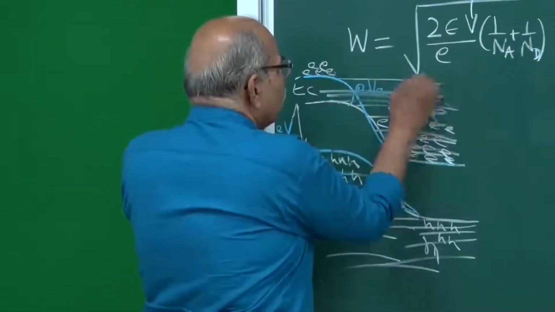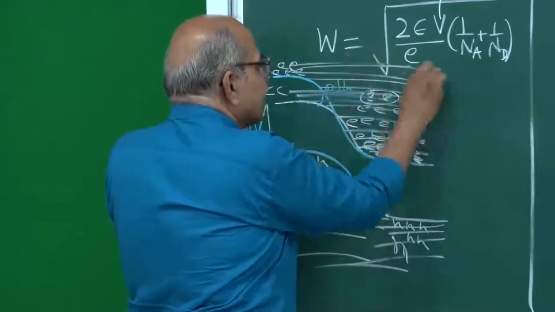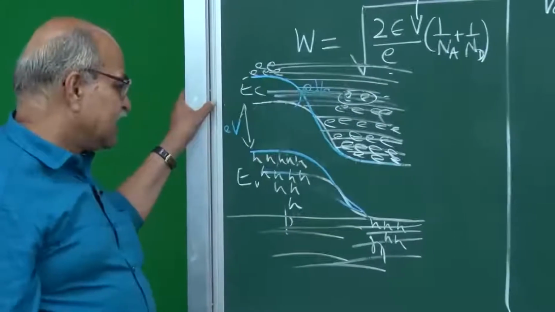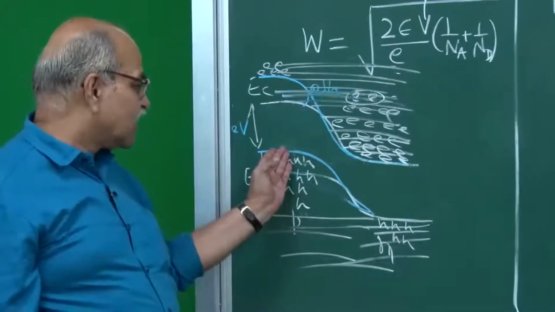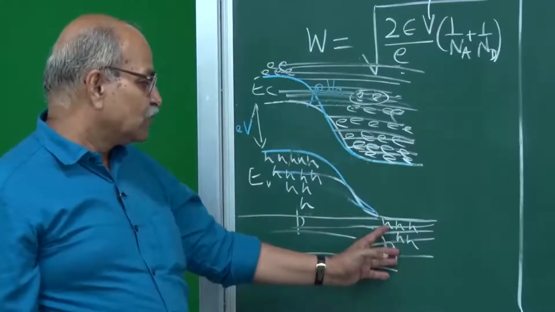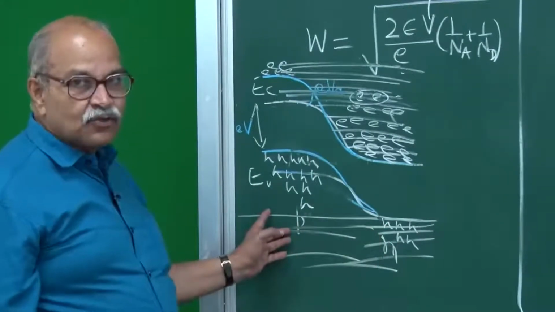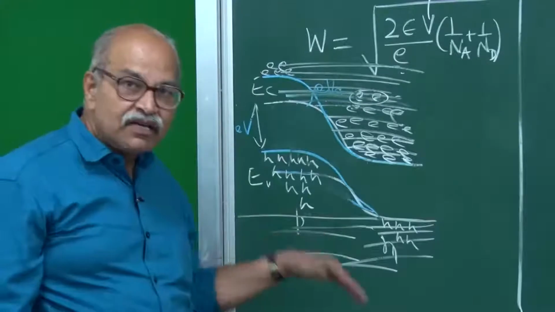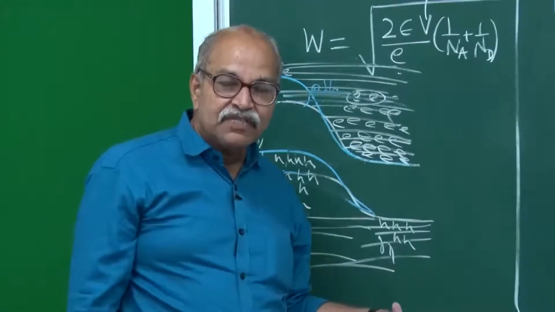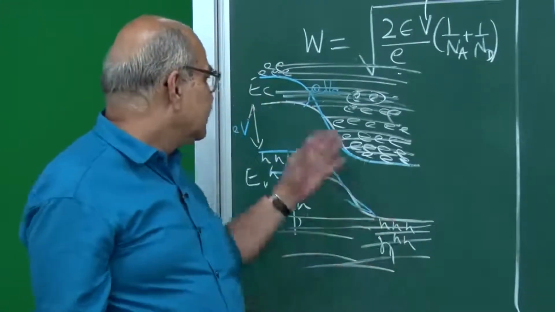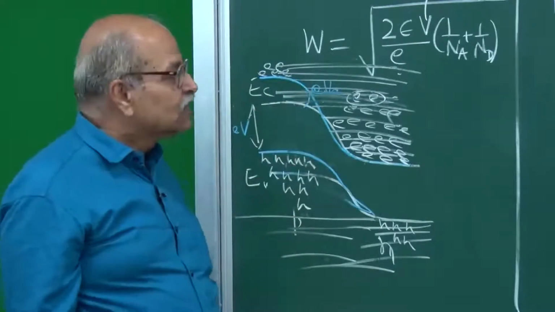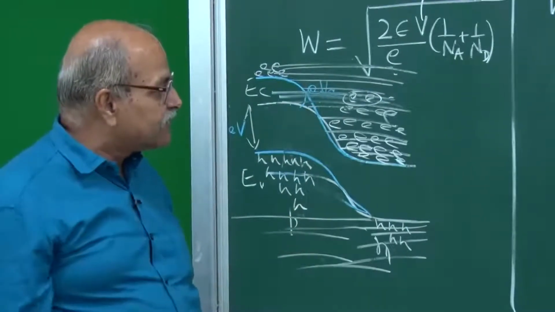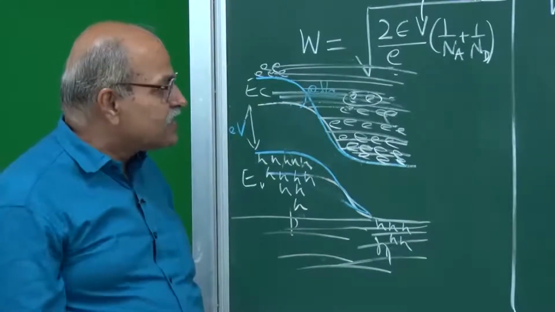They can always go to this n side. And similarly for these holes, even if this EV has gone up, no problem for these holes, they will just go. Hence, in reverse bias, the drift is not affected by this increase in barrier. So, you will have the drift current essentially the same.